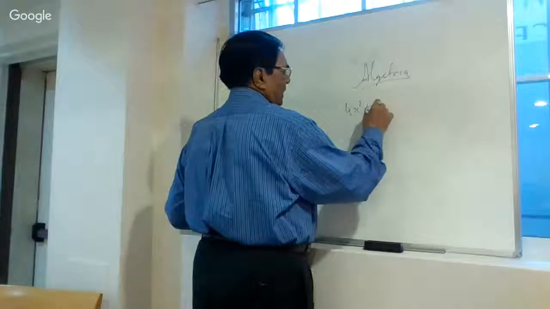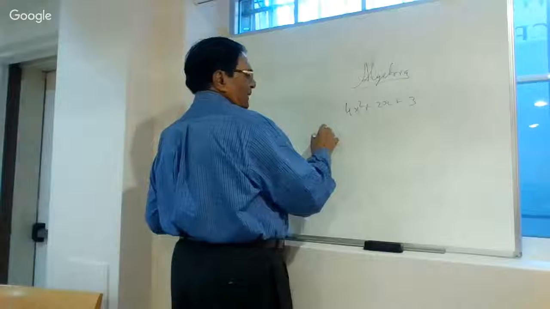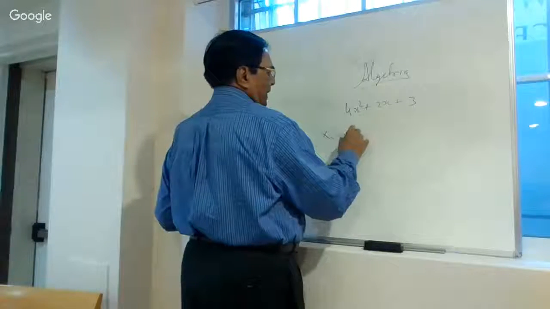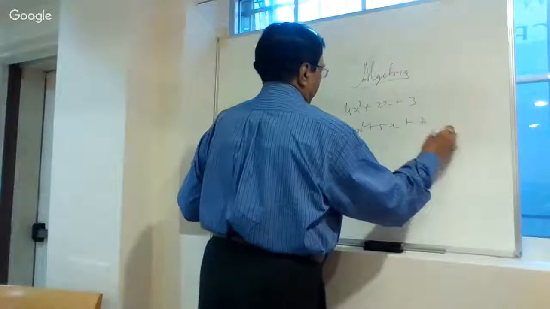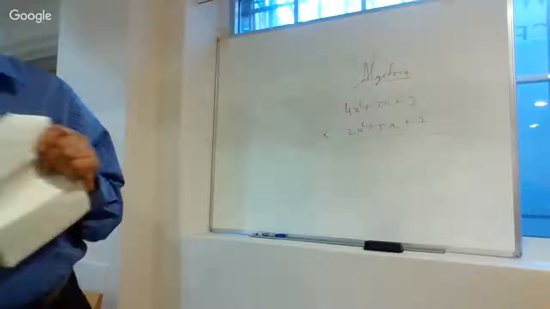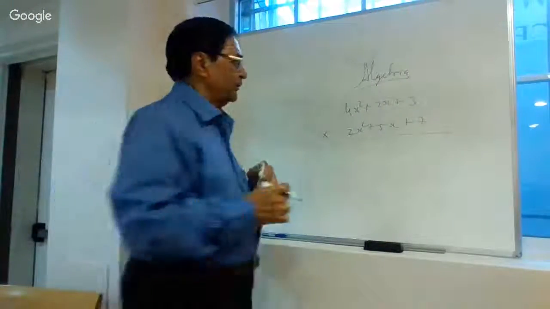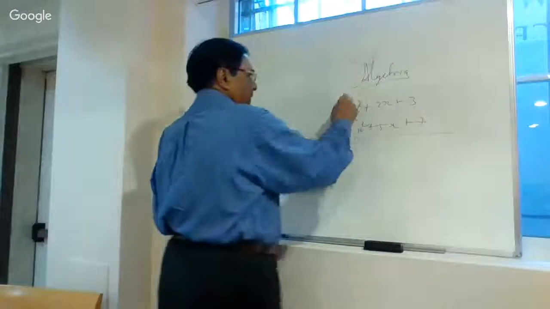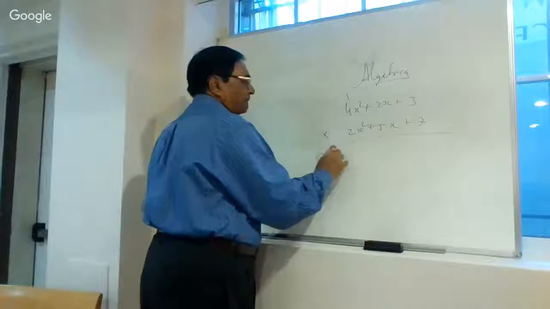4x squared, 2x plus 3 multiplied by 2x squared, 5x plus 7. When it is negative, you can subtract it. Do remember. So if you start from here, 4 into 2 is 8, x to the fourth.